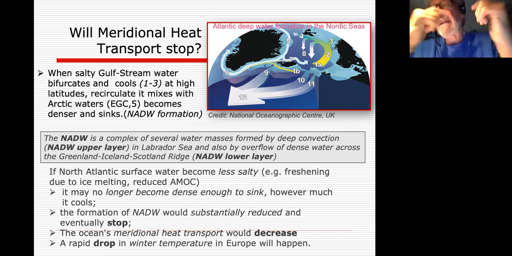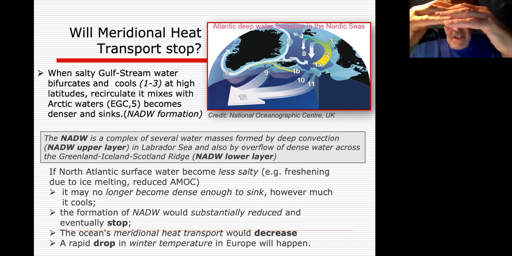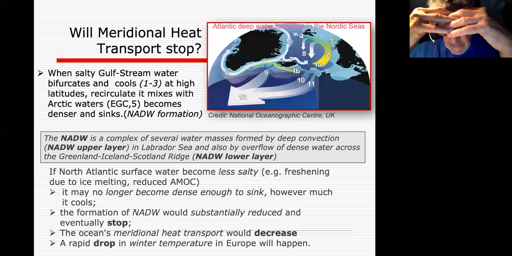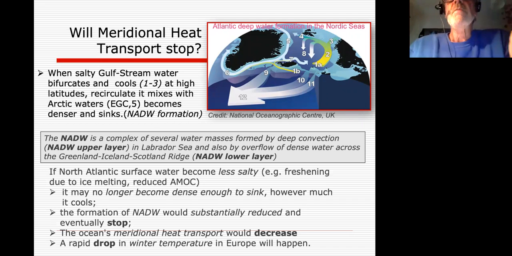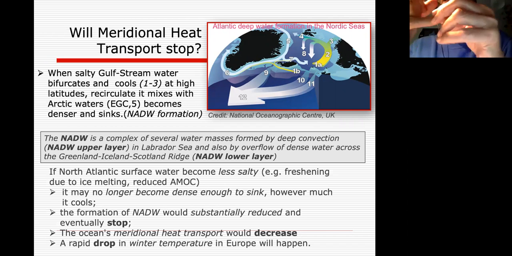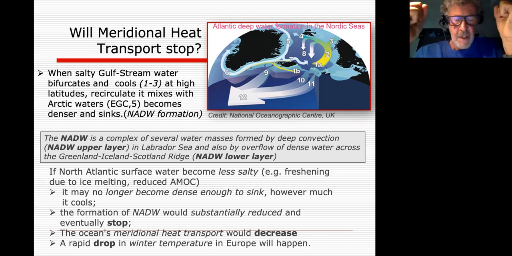So even if the forcing fields are not much different from the present one, the buoyancy content of the upper layer is too high to make the water dense enough to sink. And this would affect the formation of North Atlantic deep water.